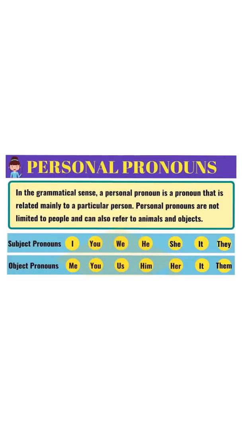Now here if you see this image, children, you will notice object pronouns written there. Now what are subject pronouns and what are object pronouns? Now I will tell you about this. See one example. She wanted to give us gifts, so we thanked her.